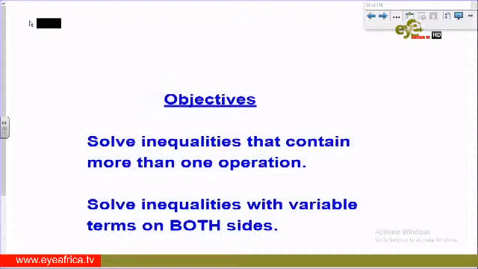Where we have variables on the left-hand side, it is very possible to have the variable on the right-hand side as well. We will be seeing all those things as we go through it.